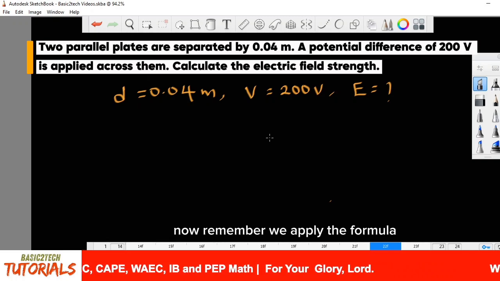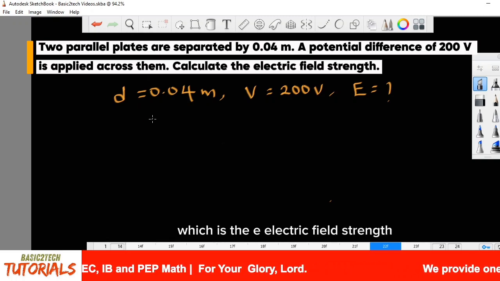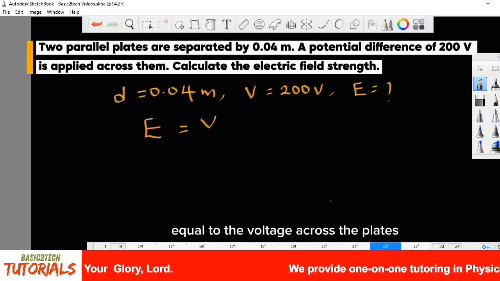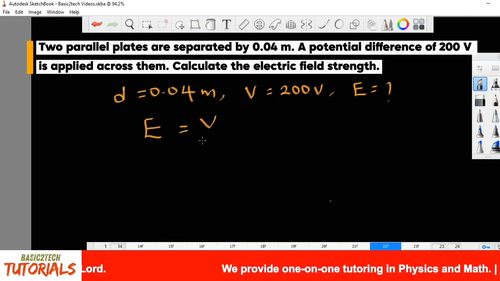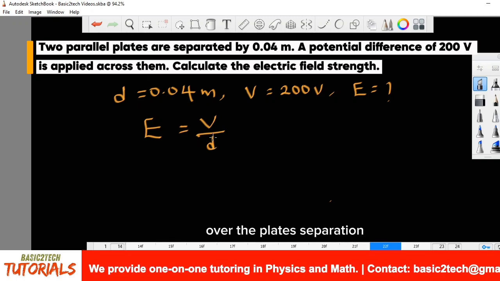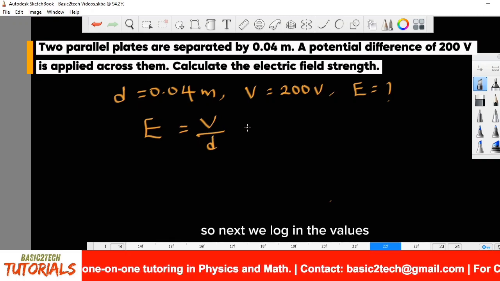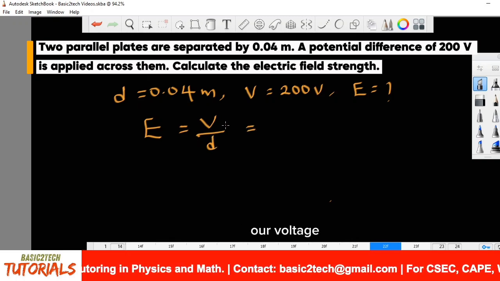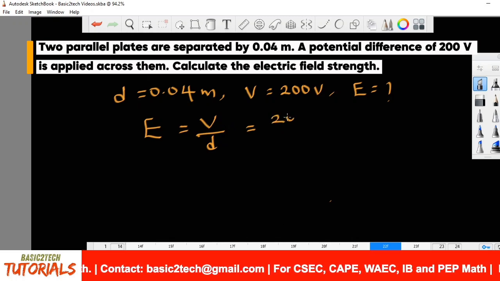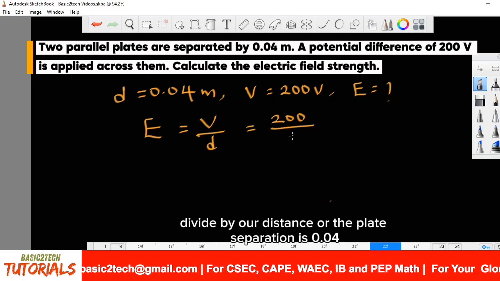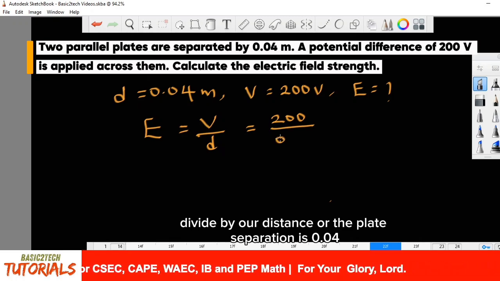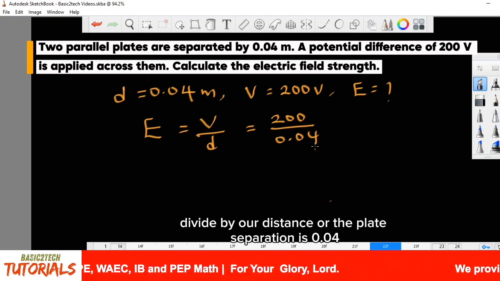Now remember, we apply the formula, which is E, electric field strength, equal to the voltage across the plates over the plate separation. So next we plug in the values. Our voltage is 200 divided by our distance, or the plate separation, which is 0.04.